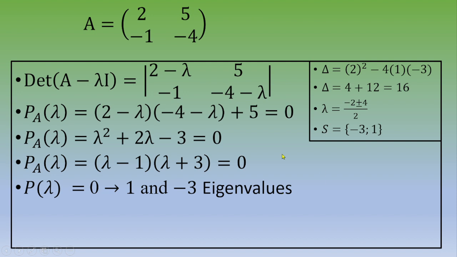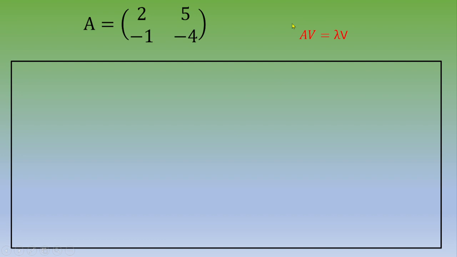eigenvalues. So now let's calculate the eigenvectors. So first we need to know this formula. A v equals lambda v. A, this is this matrix. V, this is the eigenvector. And lambda, this is the eigenvalue.